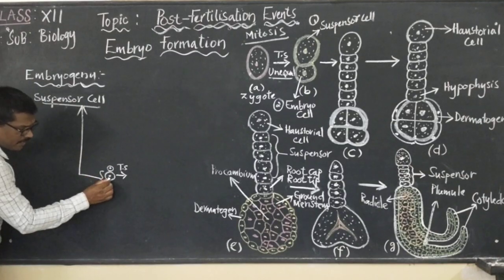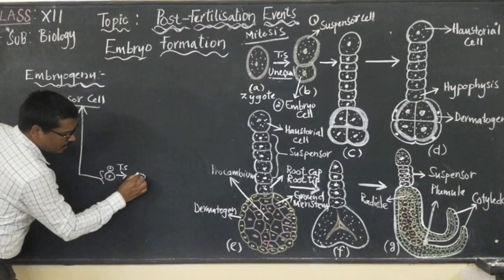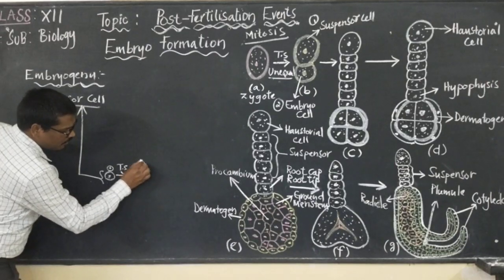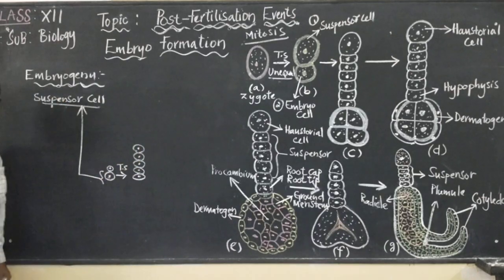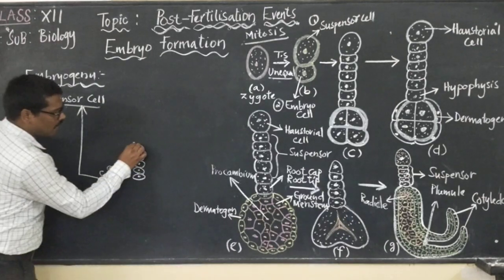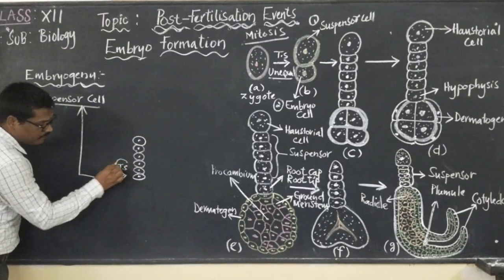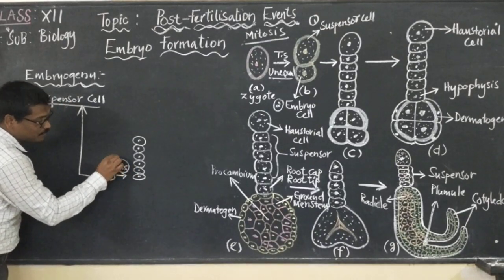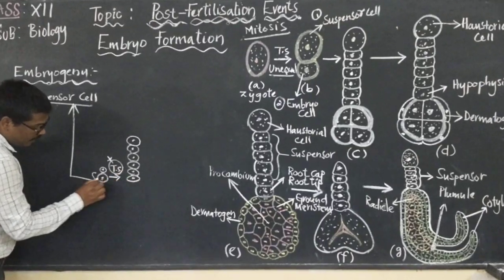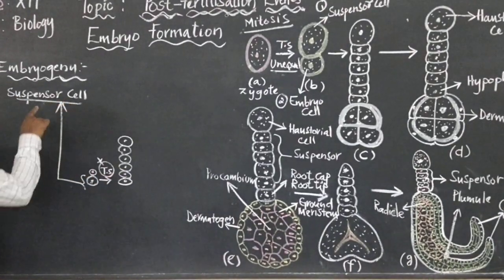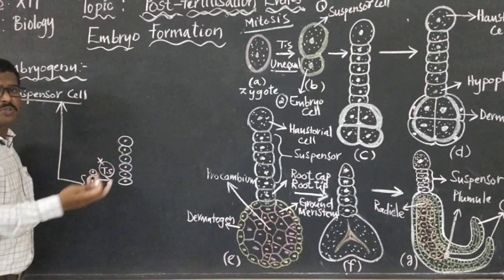When it divides a few times, it forms a few cells, about 6 to 10 cells, undergoing transverse division. Remember that. What type of division is it undergoing? The very important thing is transverse division, in the case of the suspensor cell. So the suspensor cell has divided a few times and formed about 6 to 10 cells.